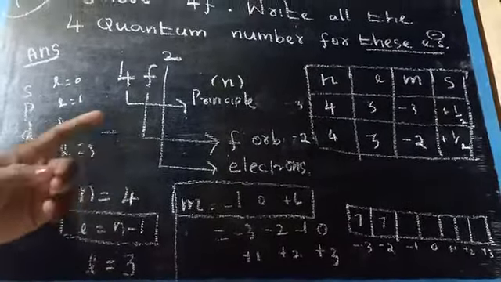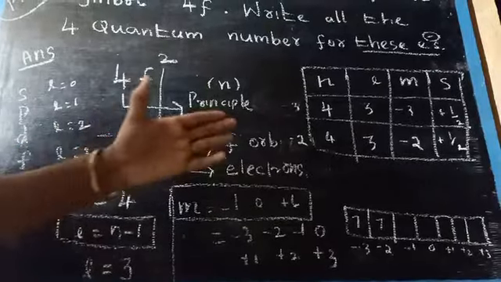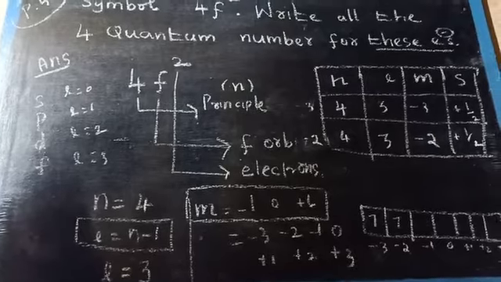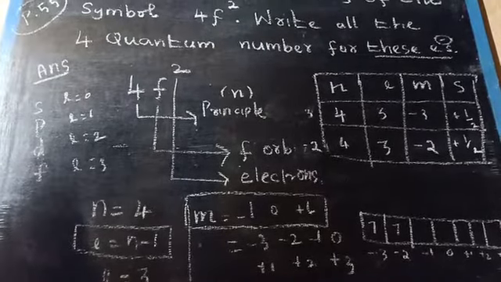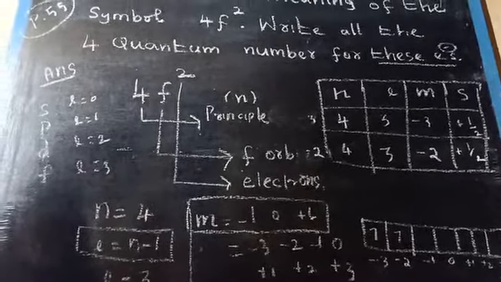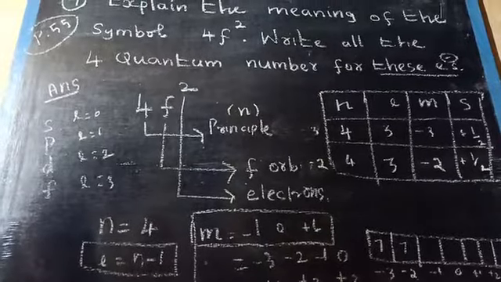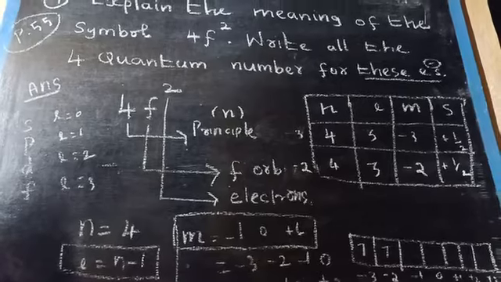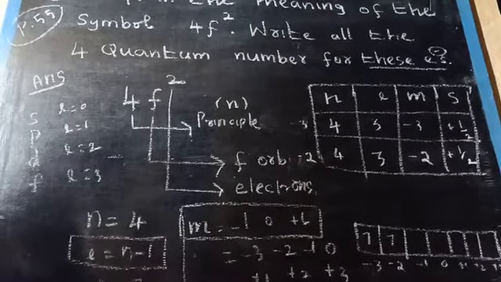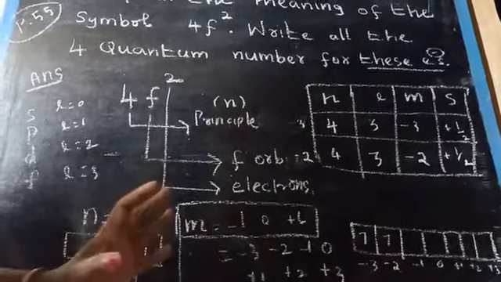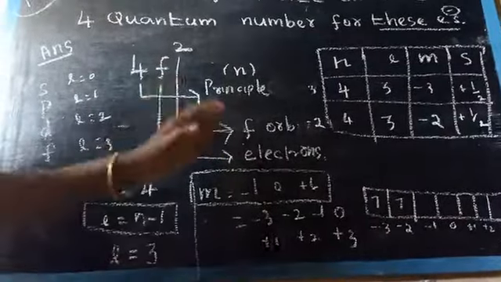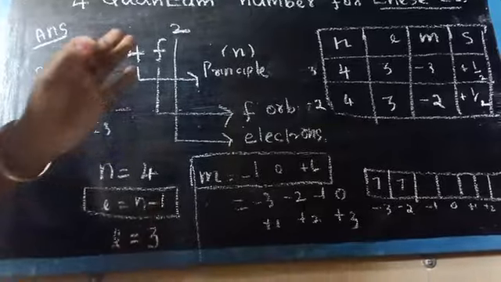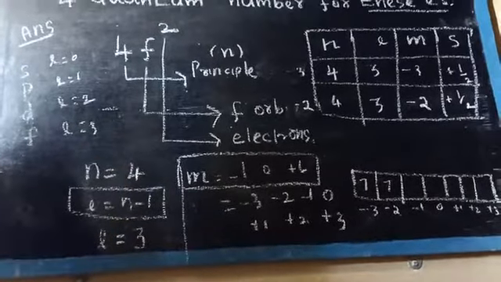From this, can you guess, children, which rule this is? We studied three rules: one is the Aufbau principle, the second is the Pauli exclusion principle, and the third is Hund's rule. Can you guess which rule? I hope you can guess it. So which rule does this tabular column obey? The second one, the Pauli exclusion principle.